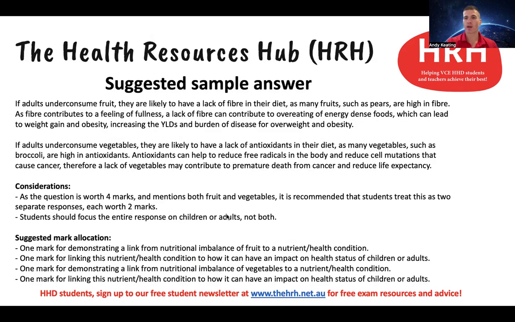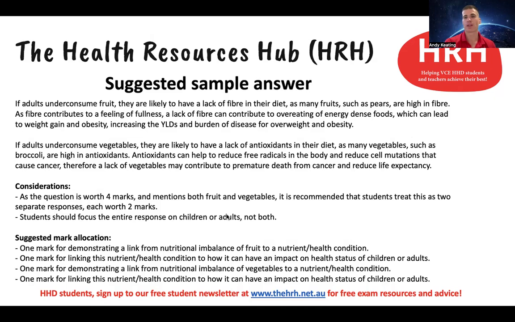I'd be thinking of separating your question into two halves, so essentially two 2-mark responses. You can see here a sample answer. The first part says if adults underconsume fruit, they're likely to have a lack of fiber in their diet, as many fruits such as pears are high in fiber. As fiber contributes to a feeling of fullness, a lack of fiber can contribute to overeating of energy-dense foods, and that could lead to weight gain, obesity, and increase the YLDs and burden of disease for overweight and obesity.